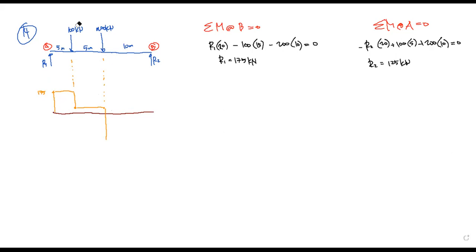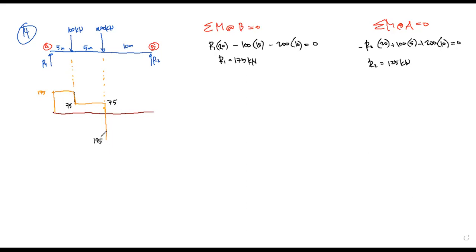So this is actually 175 minus 100. Okay. So this is 75. So subtracted with 200. So you have there 125.